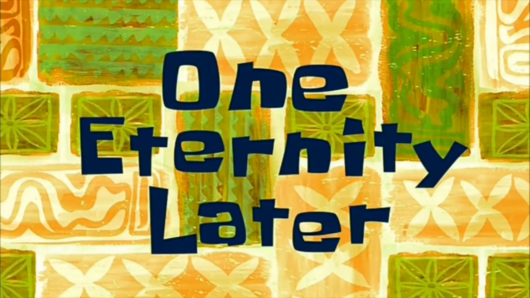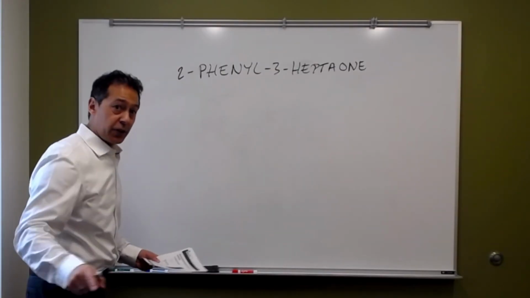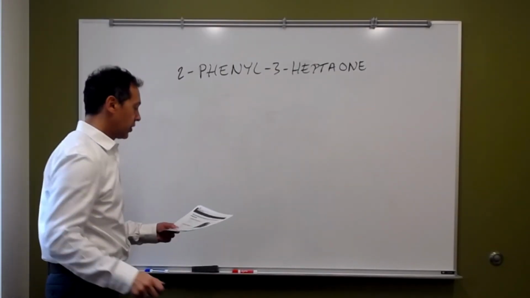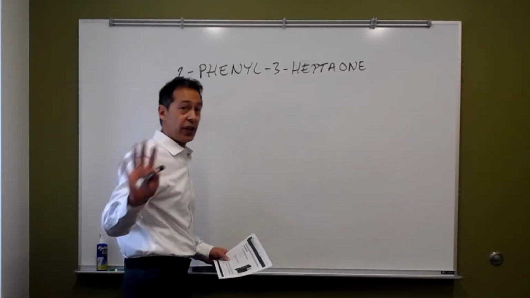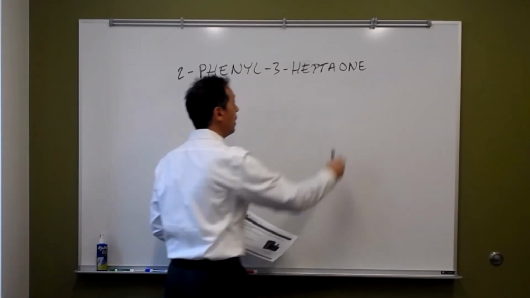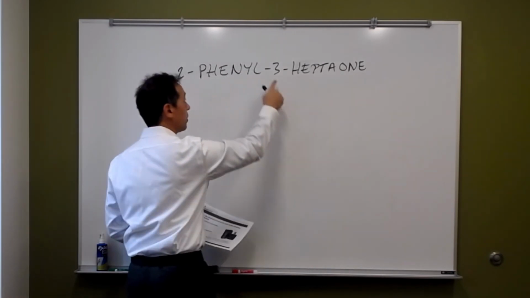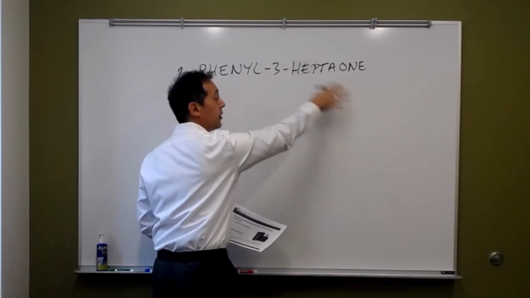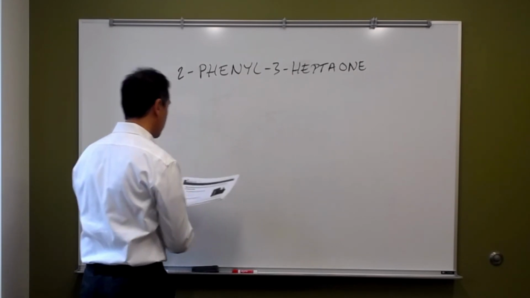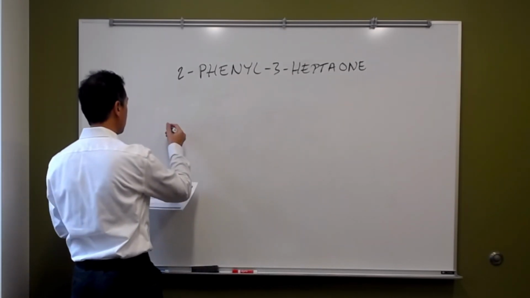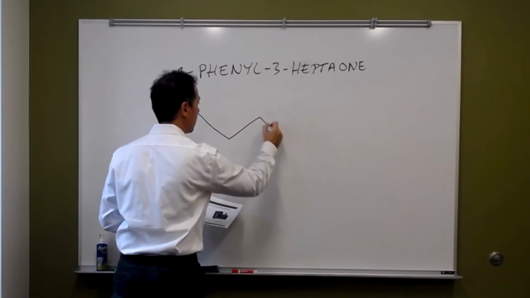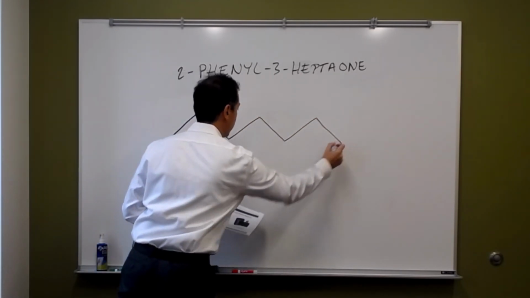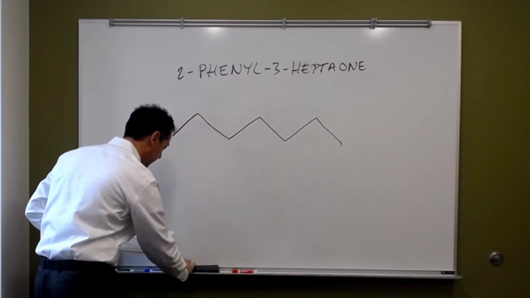One eternity later. All right, so now that you've given this one a try, let's see what we can figure out. Hepta means 7, so there's 7 carbons. One, so it's a ketone coming off of the third of the 7 carbons. So I'm going to start out with my 7 carbons, 1, 2, 3, 4, 5, 6, 7, and then I'll label it.